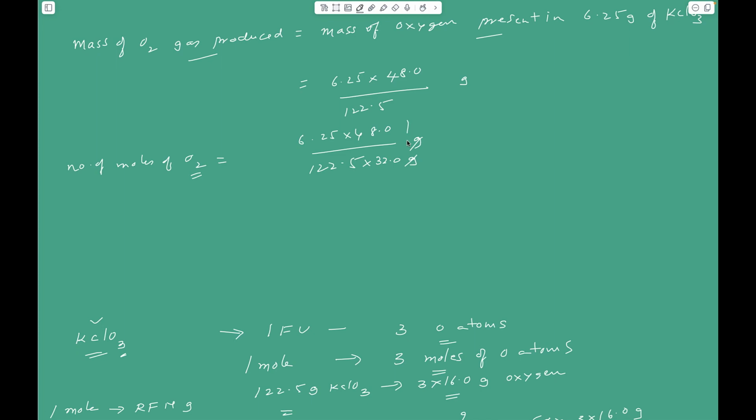So this would be the number of moles. Then the number of molecules would be, number of moles is denoted by small n. You have to multiply the number of moles with Avogadro's number. So that would be this whole thing multiplied with 6.022 times 10 to the power of 23.